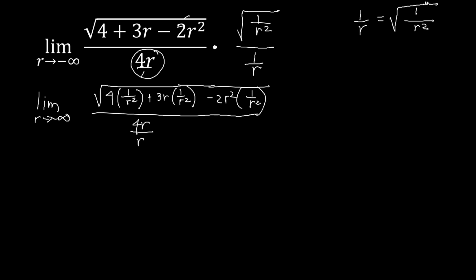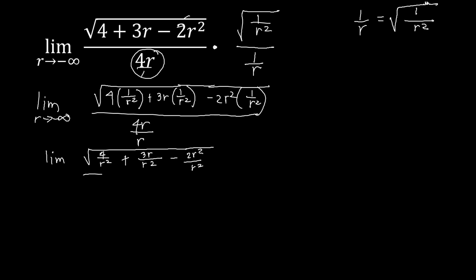Simplifying this one, this is now the limit of the square root of 4 times 1, that's 4 over r squared, and then plus 3r times 1, that's 3r, over r squared, minus 2r squared at the top, and then over r squared.